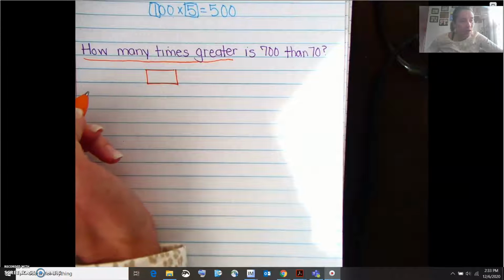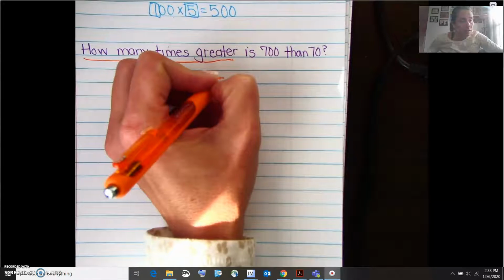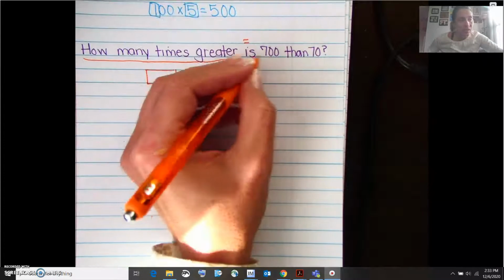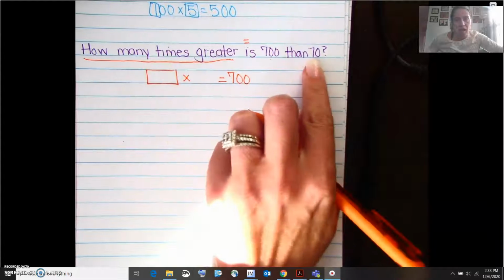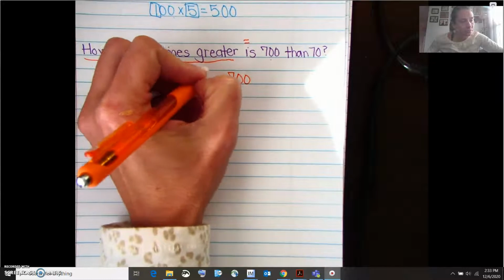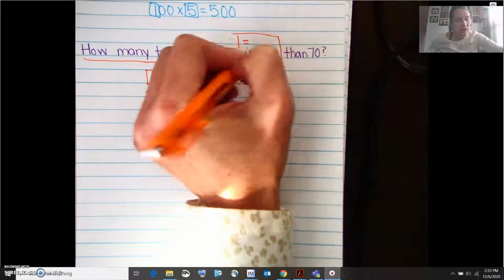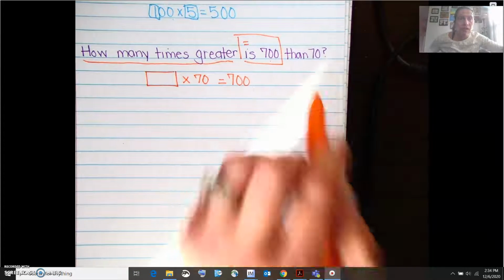How many times greater is, there's our is, remember is, so that means is 700 than 70. So we have, this is our is equals 700, how many times greater, and then 70.